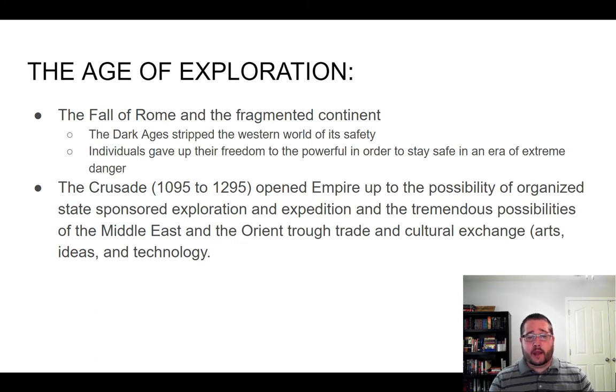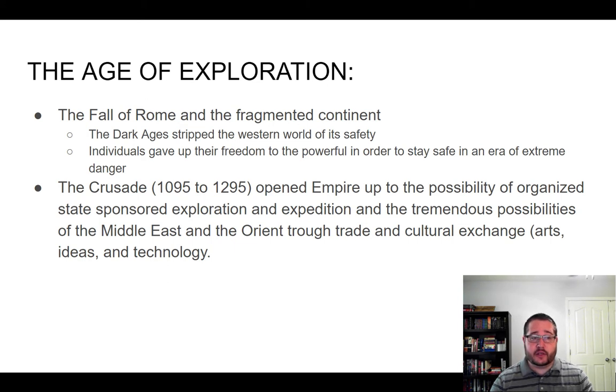All right? And what it also does is it opens the eyes of the Europeans to the golden age of Islam. Because while Europe is floundering in the Dark Ages and loses much of its art, literature, culture, science, and math, and everything else that comes with stability and innovation in society, it is the Muslim world's golden age, where they are arguably at the peak as far as the world is concerned in all of the areas just mentioned.